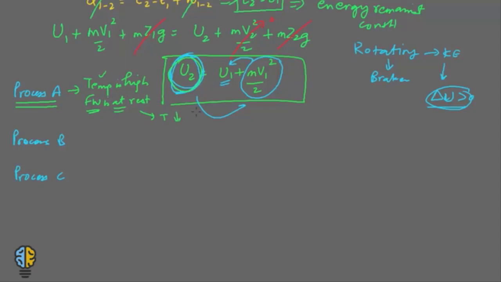Now let's come to process B. Process B is a continuation of process A. As you start rotating the flywheel, let us say the work is being done to do some redundant kind of work, so it creates no change in the temperature.